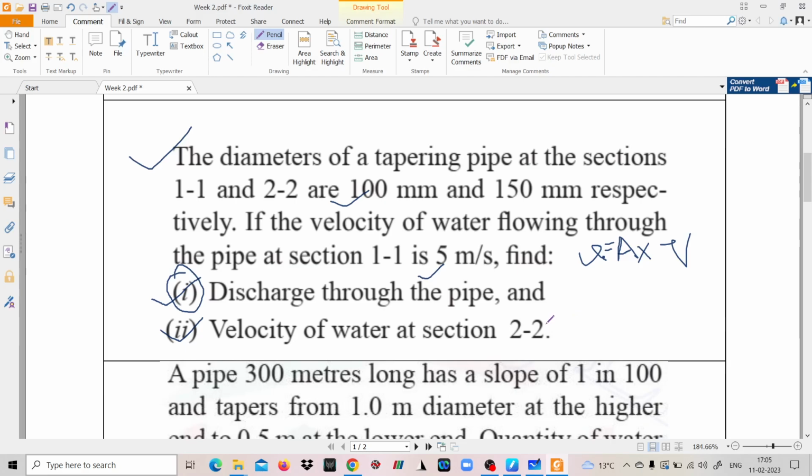Even if you don't apply Bernoulli's equation, it is fine. You can directly calculate it from the continuity equation, A1 V1 equal to A2 V2. That will be the easiest. A1 and V1 are known, A2 is known, you need to compute V2.